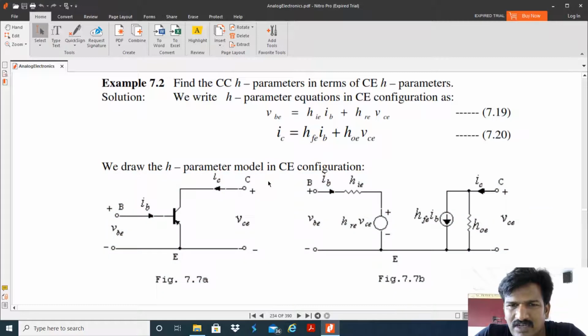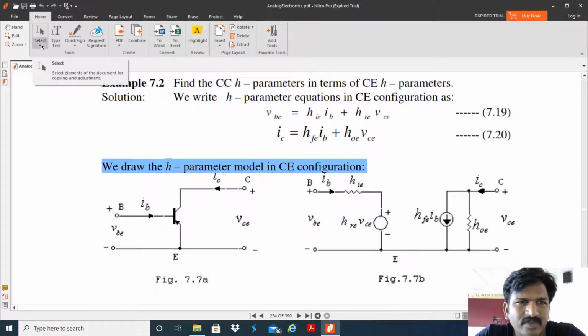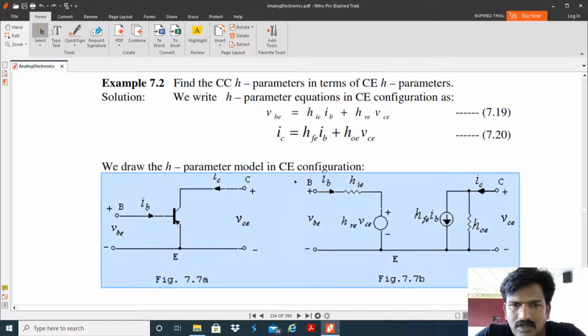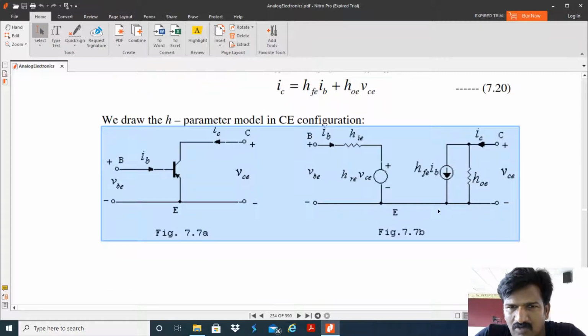This diagram is used to convert into the CC configuration. What to do for this?